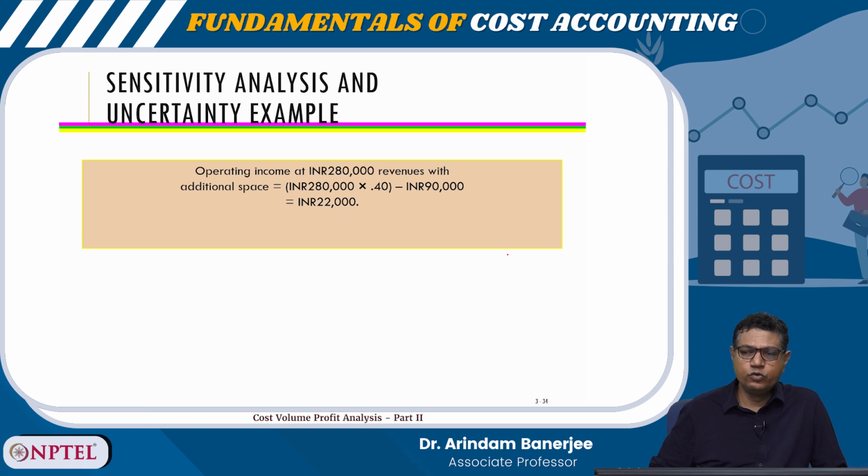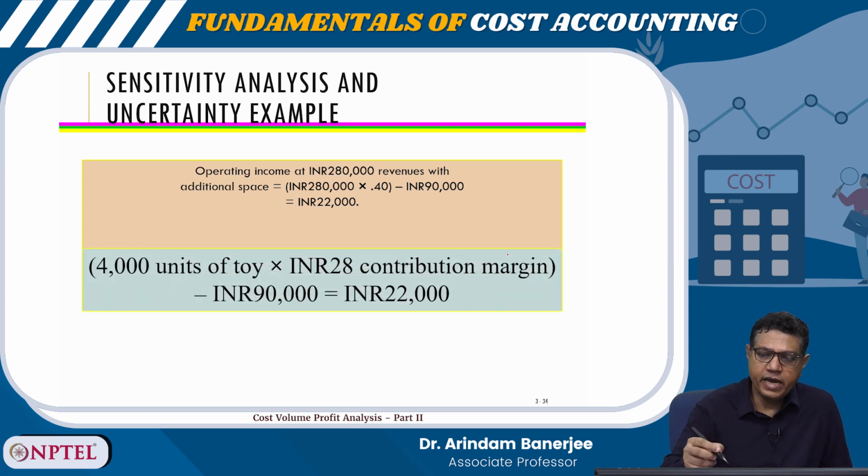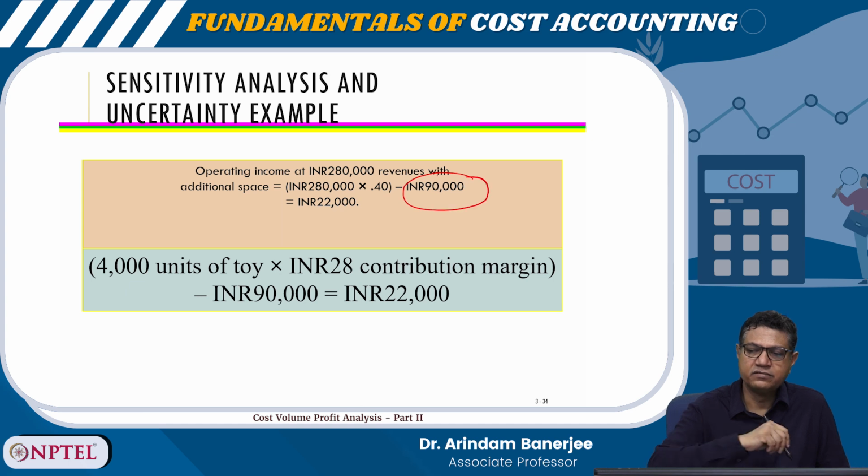Now, at 2,80,000 with additional space, if I go for additional space, then my fixed cost is increasing, you see, and my profitability is how much? It is 22,000. I can calculate the other way: 4,000 units of toy into 28 contribution.